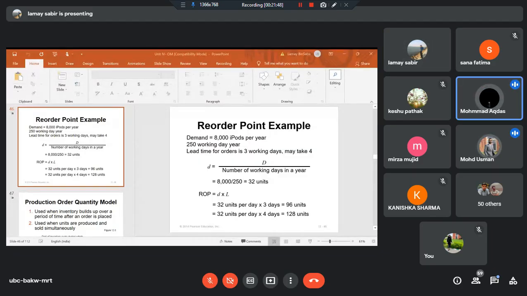Sir, it may be wrong sometimes. For example, how can you, any situation in which it gets wrong? We estimated our daily demand 32, but it may exceed 32. For example, someday we got an order of 40 units, but then in that case it may be wrong.